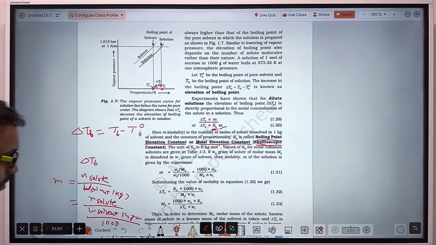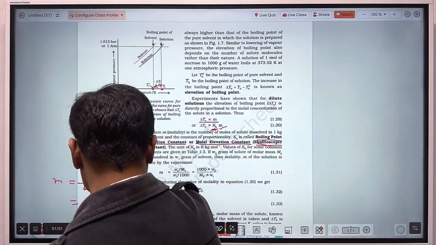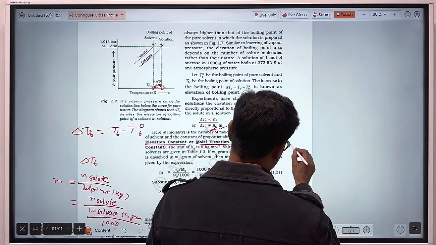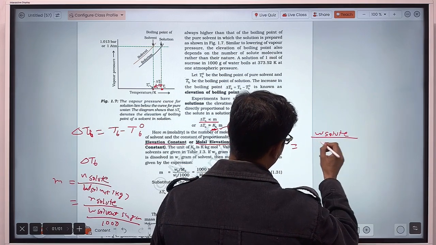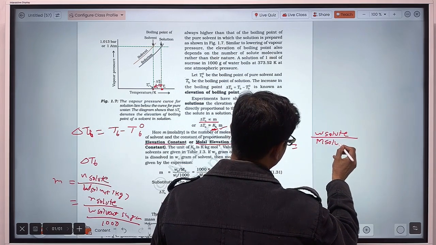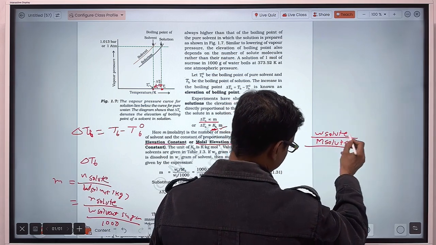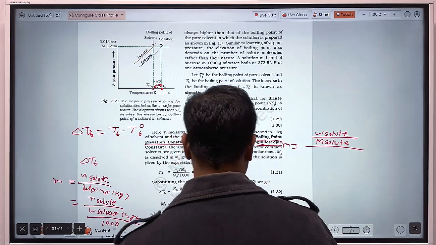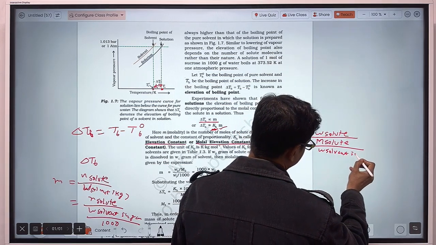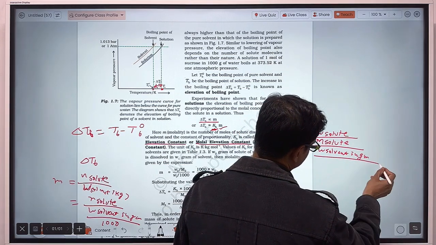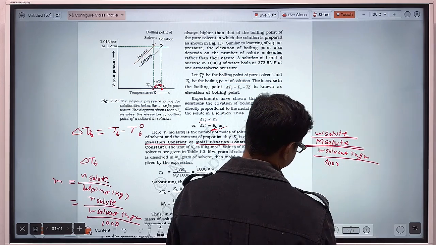How do you find the number of moles? Number of moles of solute will be equal to weight of solute upon molecular weight of solute. So molality will be equal to weight of solute by molecular weight of solute, that upon weight of solvent in gram upon 1000. This is the main division line.